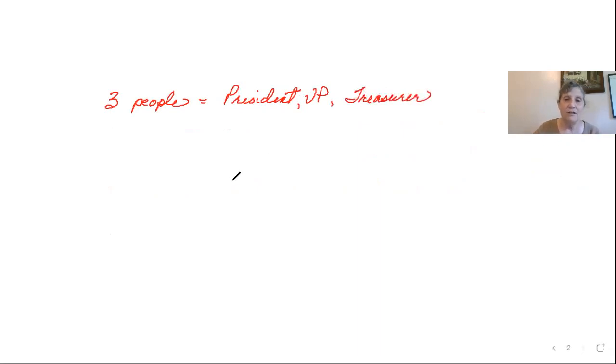Now we don't want the president to also be the vice president because that would be weird, or the treasurer. And we certainly don't want one person to have all 3 positions. So here, it matters who we choose to be president. If we've got Joe, Sarah, and Susie.